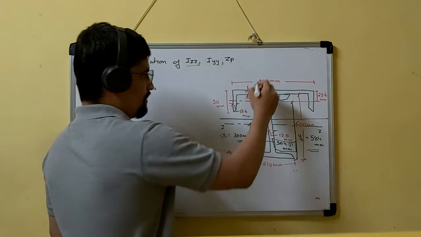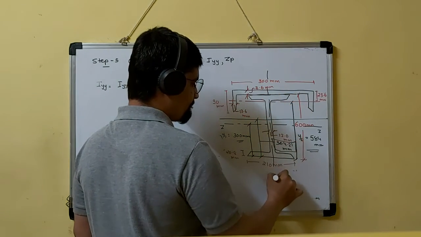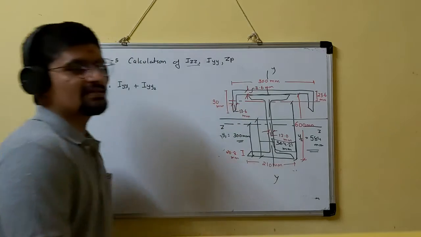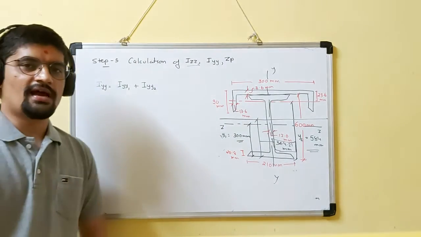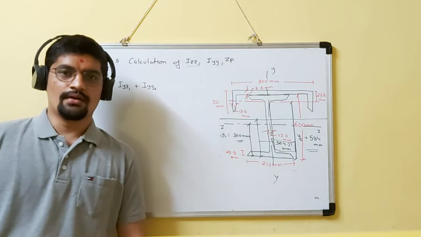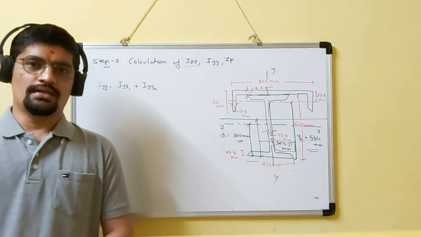But if we cut our section in the y direction, then it will be symmetric. For a symmetric section, we don't need to calculate the Ig plus Ah squared equation. We need to put the values as they are, as we have got from the steel table.